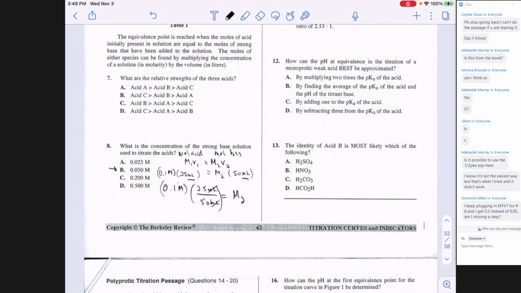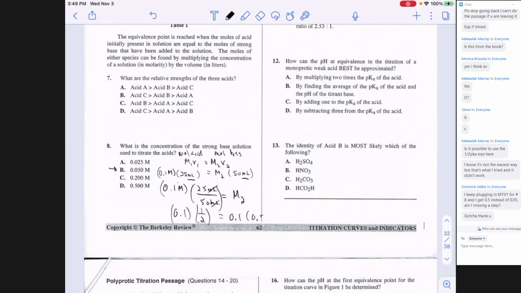It's equal to the concentration M2. Isn't that 1/2 times 0.1? So isn't that 0.1 times 0.5? Isn't that 0.05? 5 times 1, 2 decimal places. You can make this 1 times 10 to the negative 1, 5 times 10 to the negative 1. Isn't that 5 times 10 to the negative 2, which is this number?